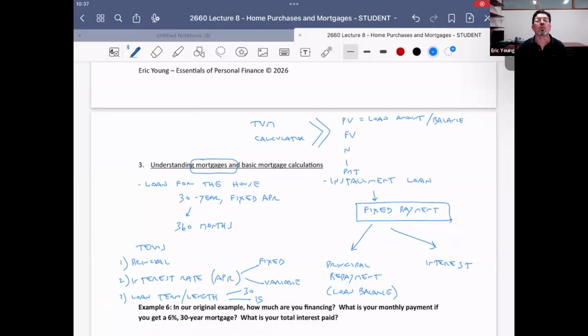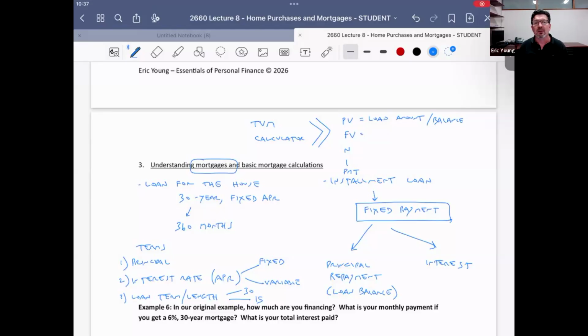Whatever amount you originally take out in that loan, the original size of the mortgage, or over time, the balance due on the mortgage, that's your present value. Your future value is how much you're going to owe on the mortgage, the balance of the mortgage at some point in the future.